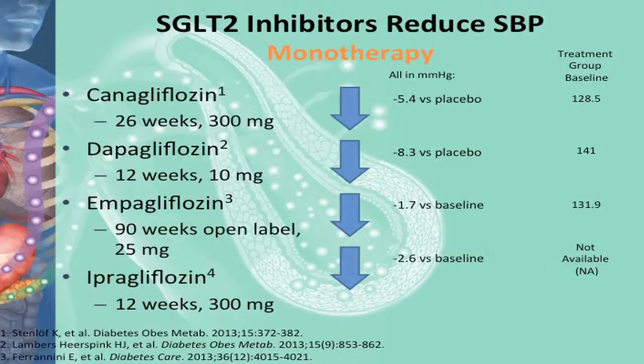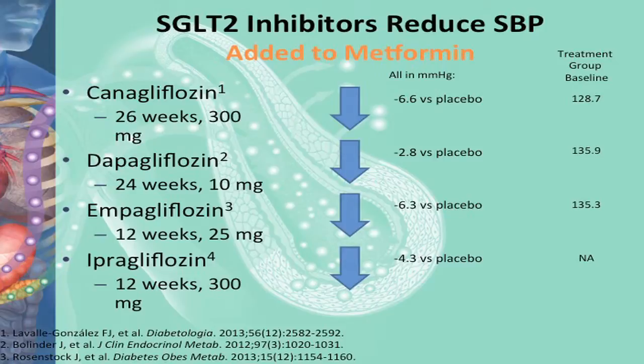So again, in monotherapy, how much of a millimeter of mercury drop can you see with these agents when it comes to blood pressure? And again, it's anywhere from 2 to about 8 or so millimeters of mercury drop. So again, an additional benefit of these agents when they're utilized. Same thing when added to metformin, you'll see anywhere from about 4 to 6 millimeters of mercury drop.